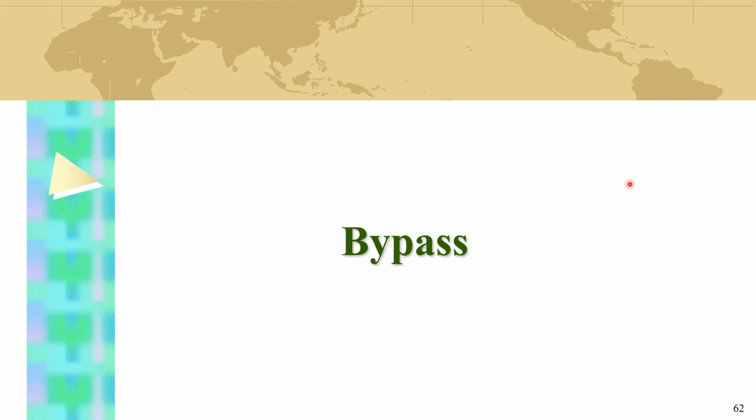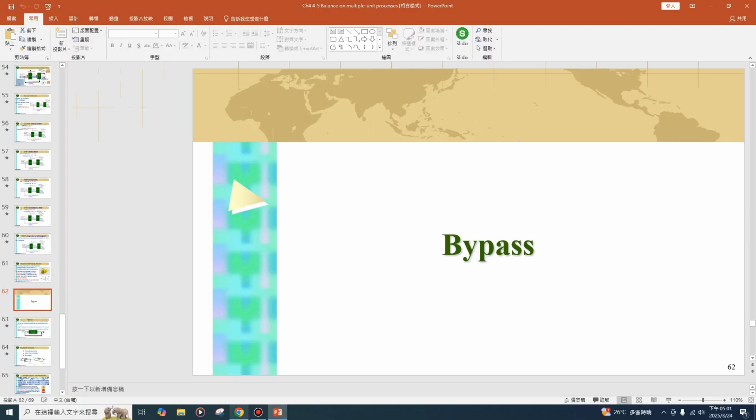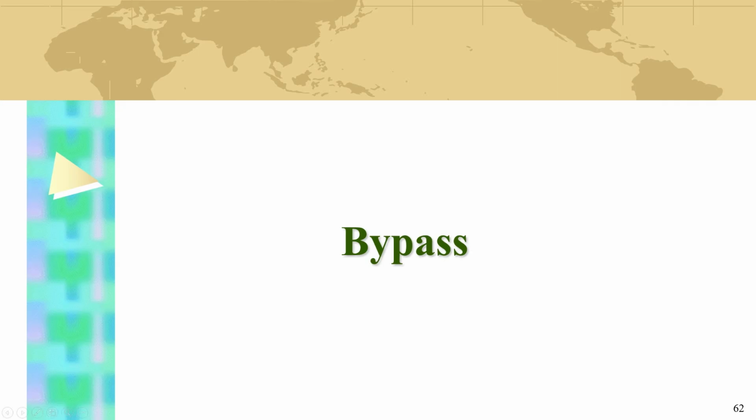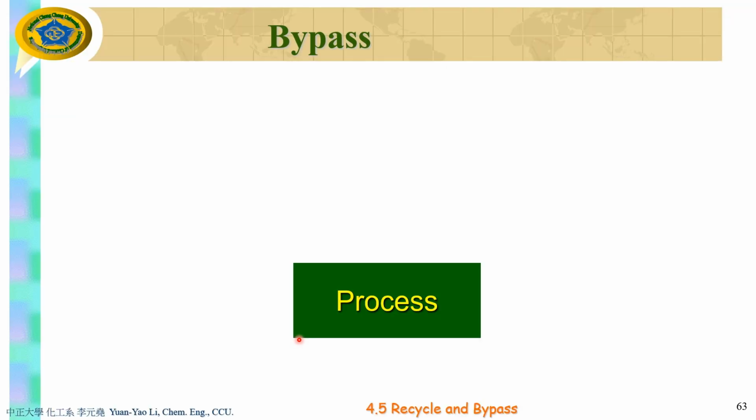Right. So the next topic is called bypass. But before we talk about the topic of the bypass, let's refresh. I hope you all answered correctly. Okay. So now let's go to the next topic, which is bypass. What is bypass? Remember recycle. This is a process. If I have a feed, this is a feed stream, right?